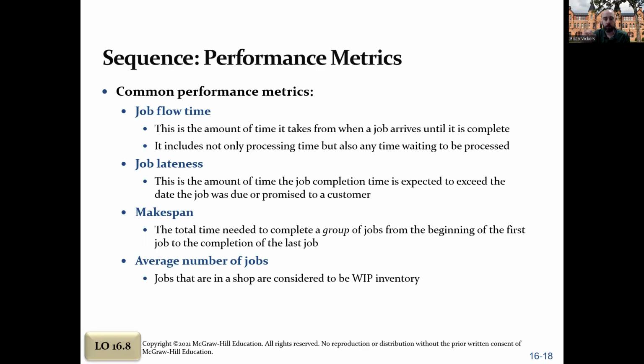Getting the order in and getting it completely out the door, that's job flow time. If it's waiting to be processed, that's still part of the flow time. So from right now till the time it's done, average all those out to see which one has the lowest job flow time, which might be important to you as a business.